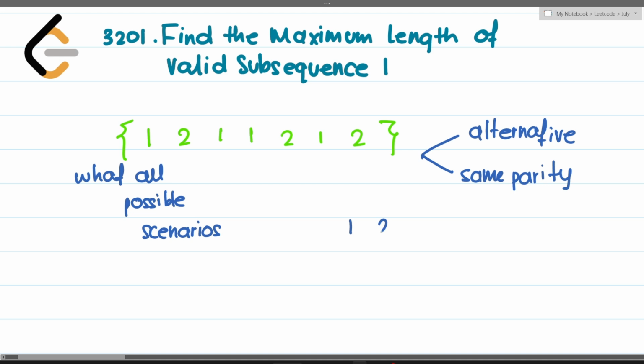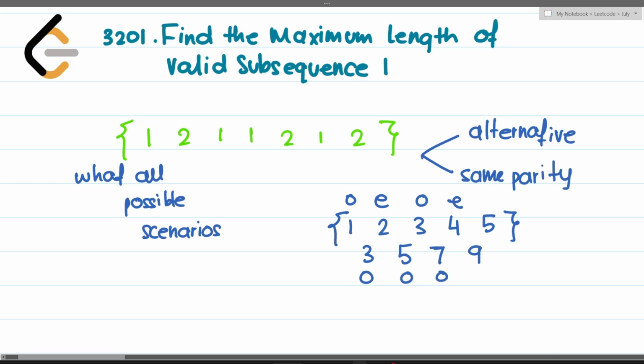Because one test case says 1 2 3 4 5, so the answer of this is also going to be 5. Why? Because if you take all of them, then 1 plus 2 is 3, 2 plus 3 is 5, 3 plus 4 is 7, and 4 plus 5 is 9. So you see, an odd number and an even number makes another odd number, and so on and so forth.